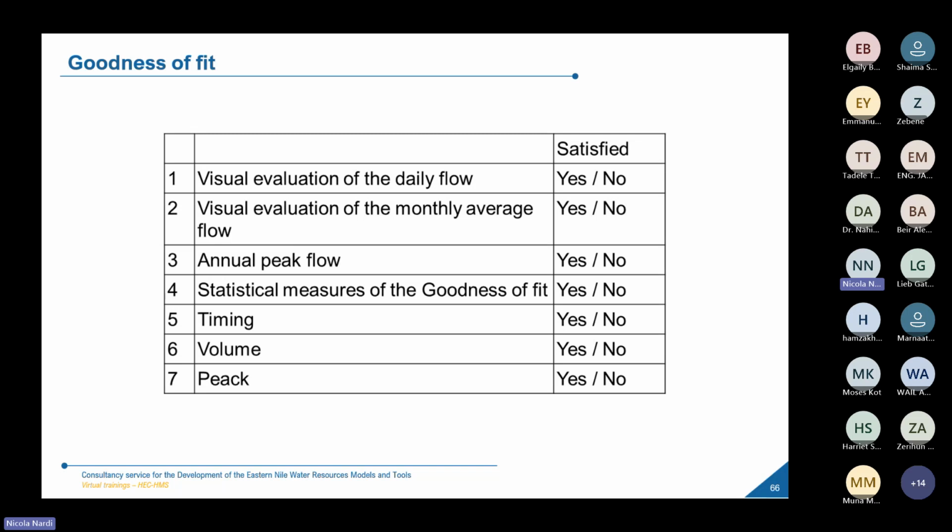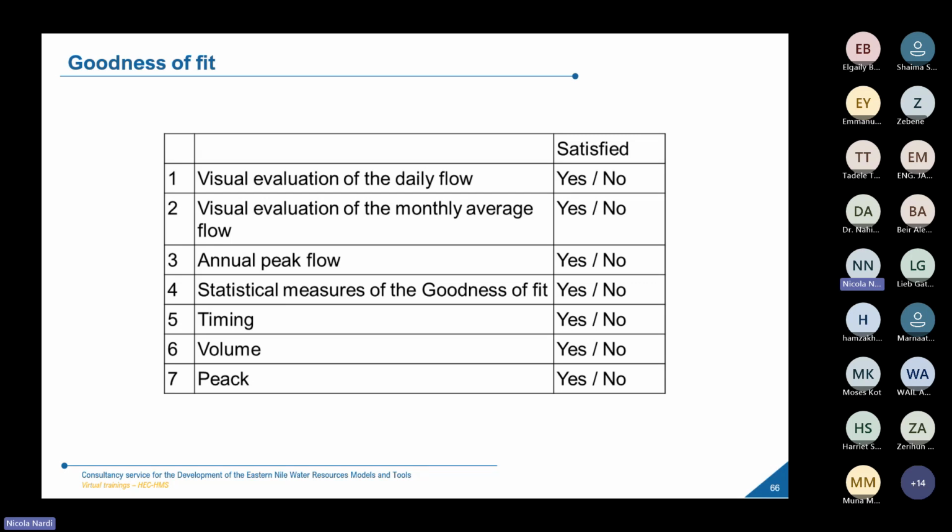So first of all, you need to satisfy a visual comparison of the daily flow between your results and the observed data. Second, you can do a visual evaluation no more of the daily flow, but of the monthly average flow.